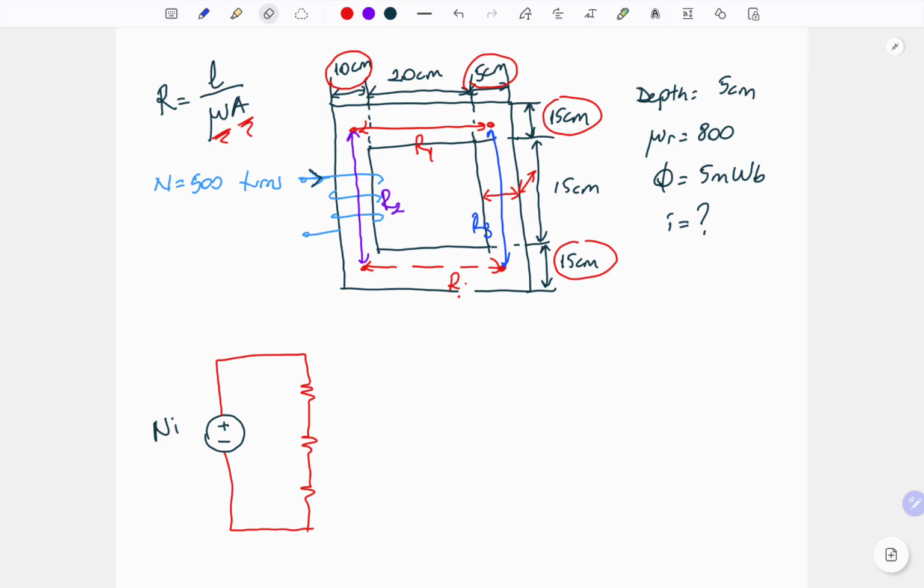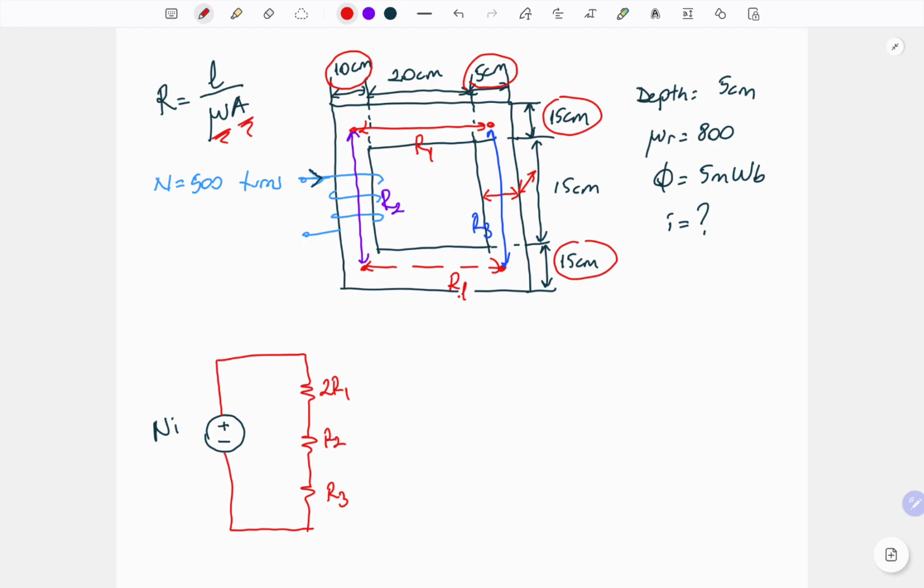So according to our reluctances, we have 2R1 in one loop, and we have R2 and R3. After we draw the magnetic circuit, now we can calculate our reluctances to be able to calculate the parameters of the circuit.